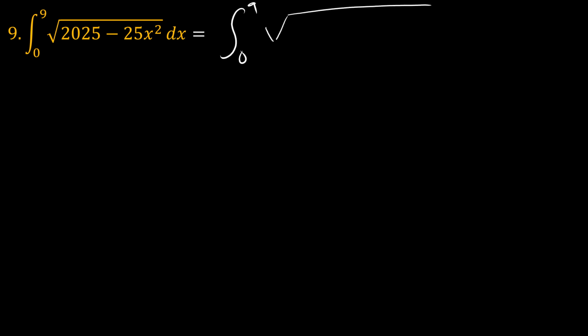Easy. We may want to just try to re-express things a little bit. So here I would say this is the same as the integral from x equals 0 to x equals 9 of, here I would see 81 times 25 minus 25x squared.